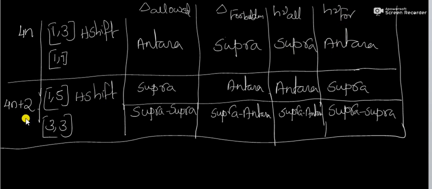Then consider the 4n plus 2 system, which belongs to 1,5 hydrogen shift and 3,3 sigmatropic rearrangement system. 3,3 sigmatropic rearrangement reaction, that is our Cope rearrangement and Claisen rearrangement. In the case of 1,5 hydrogen shift, thermally allowed migration is suprafacial migration, thermally forbidden is antarafacial. Photochemically allowed antara, photochemically forbidden suprafacial migration.